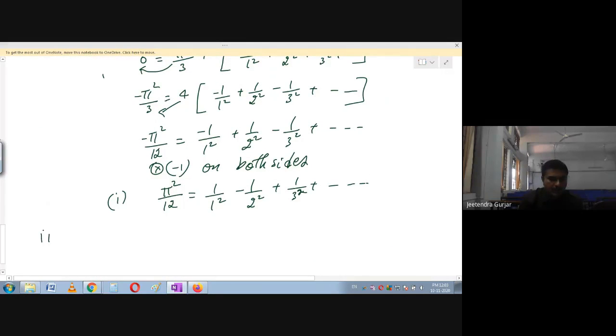Now we'll go to the second one. To simplify the second one, students, please remember I'm going to substitute the value. Similarly, I'm going to substitute for the second value.